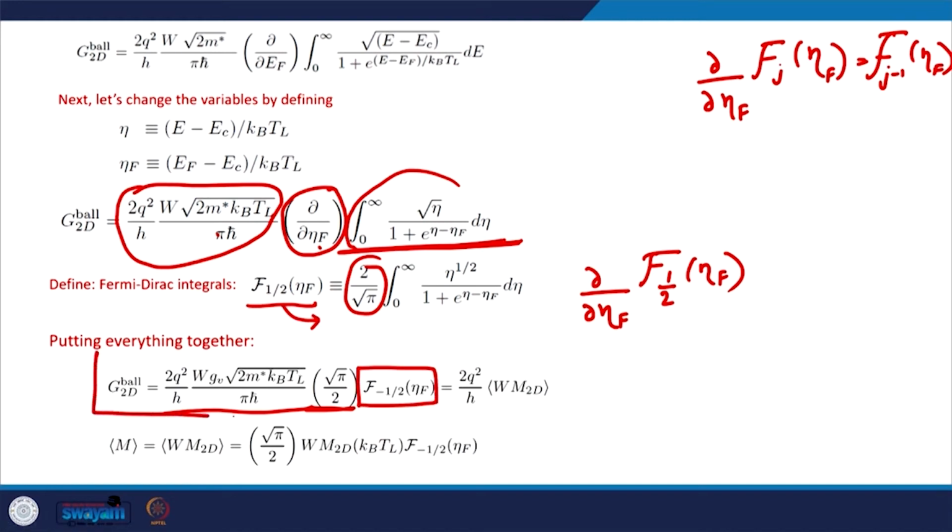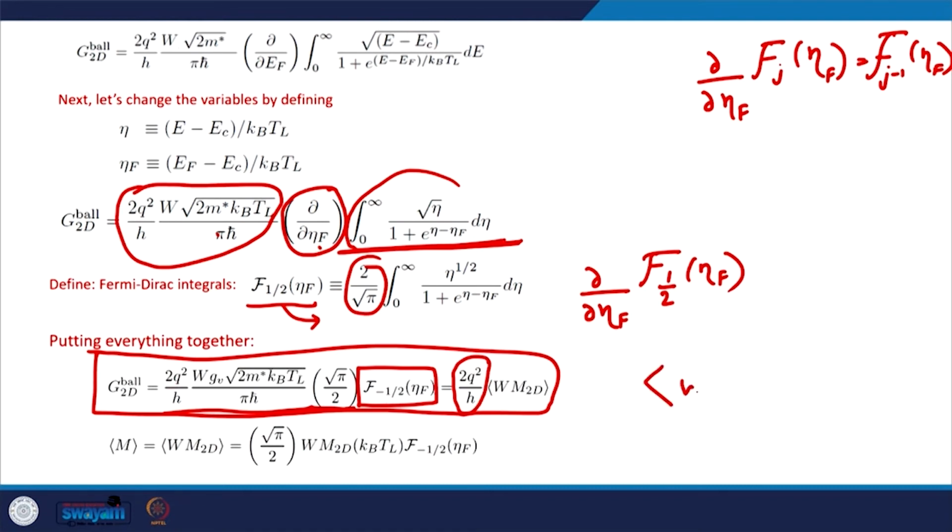So finally, the conductance of a wide ballistic conductor at normal temperatures above 0 Kelvin is given by this expression. In this expression, please keep in mind that apart from this constant term 2q squared by h, everything else is some sort of average of W times M2D, where this average of W times M2D is square root of pi by 2 times W M2D evaluated at kT, times the Fermi-Dirac integral of order minus half.